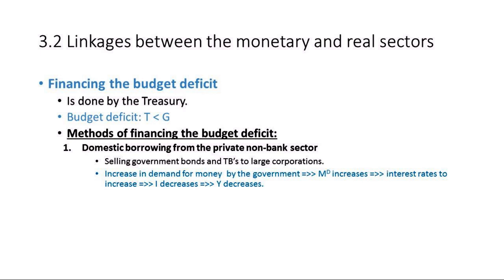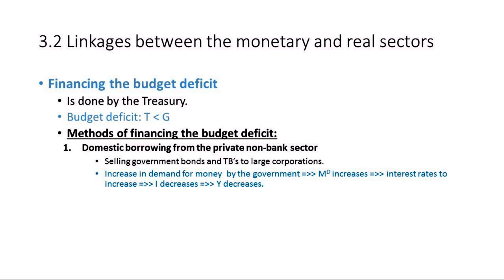In a way, the financing of the budget deficit also influences the effect that fiscal policy can have when government uses either expansionary or contractionary policy. Let's say that it's expansionary policy. In other words, government spending is greater than taxation. Now, the only way that government can do this is then they run a deficit, which then needs to be financed in some way.